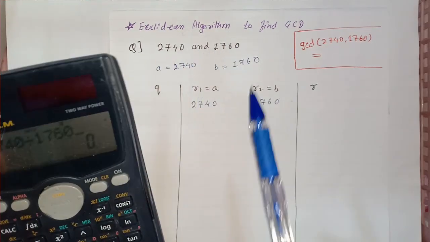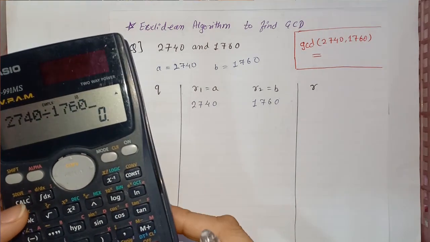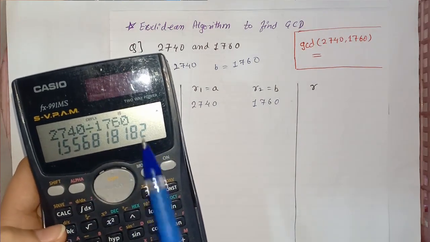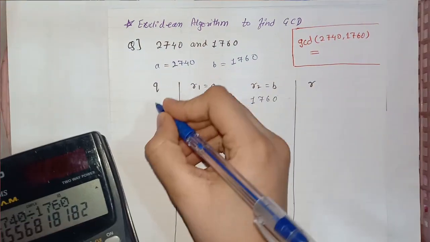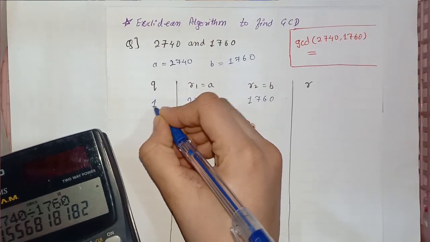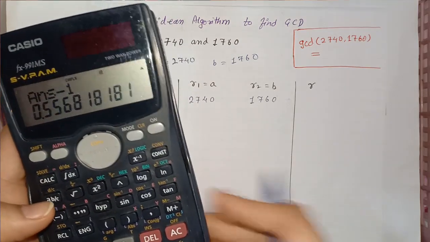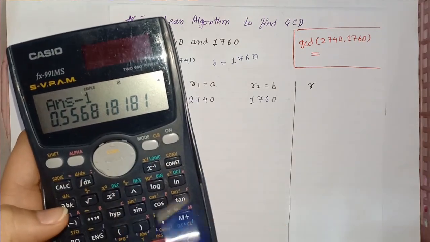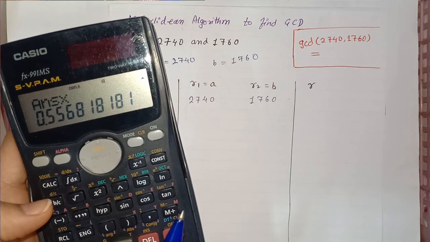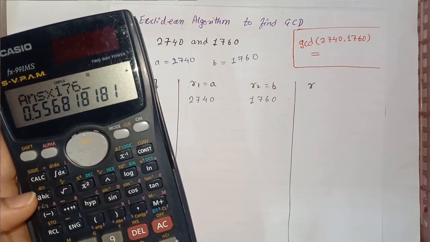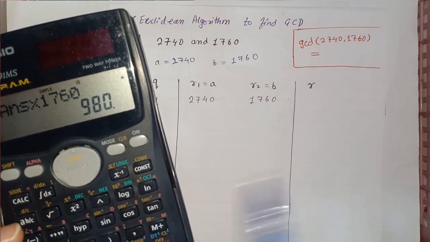So let's do it. Divide 2740 by 1760. Whatever answer we get, the part to the left side of the decimal point is the quotient. So 1 is the quotient. So we subtract 1 from the answer, and whatever remaining term we get, we multiply it with B, that is 1760. And what we get is the remainder.